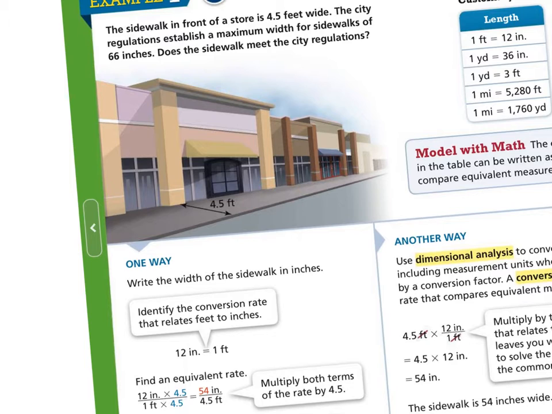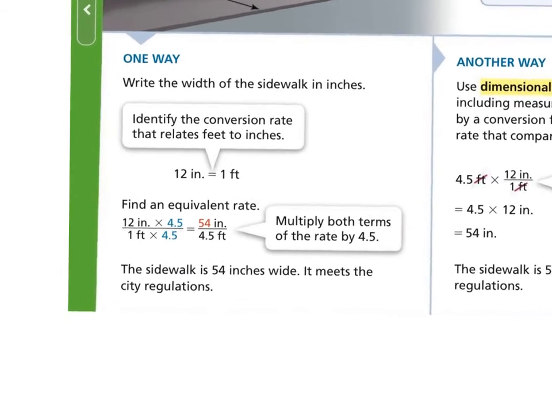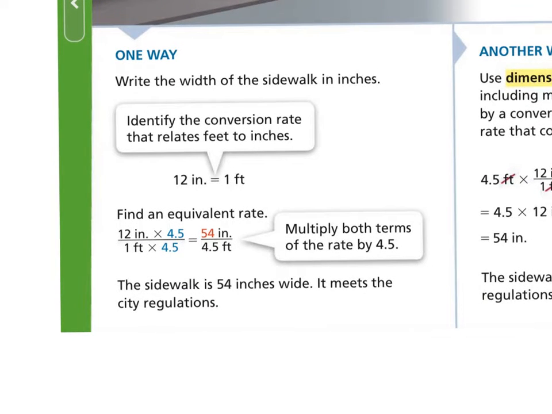So if we look at this, one way we can do this is that we've got 12 inches is equal to 1 foot, and so we could figure out how many inches we have in 4.5 feet.